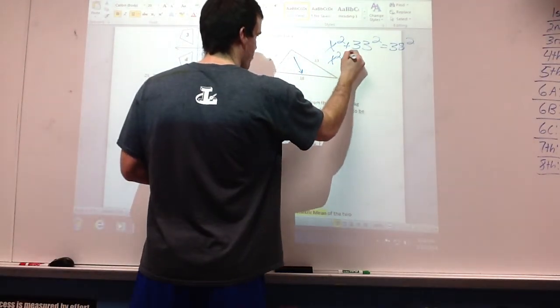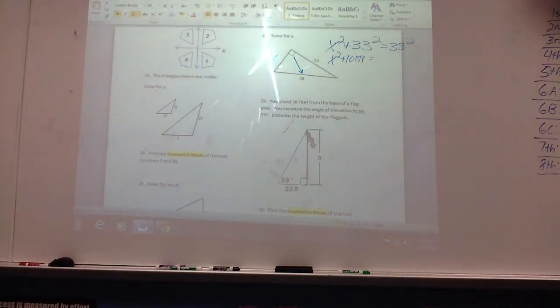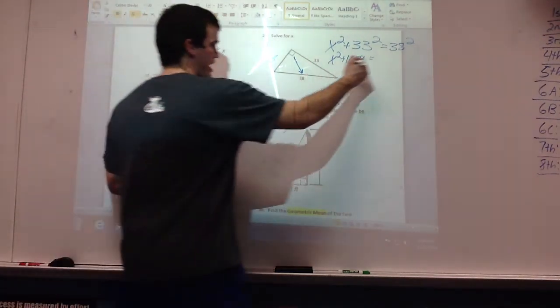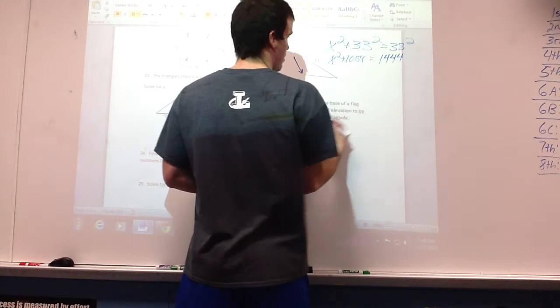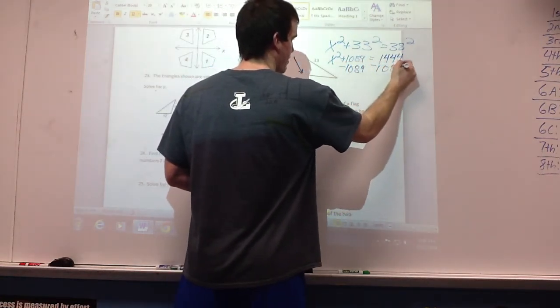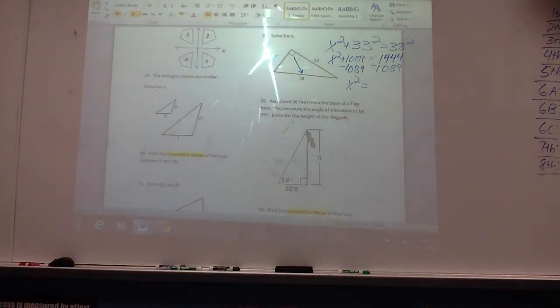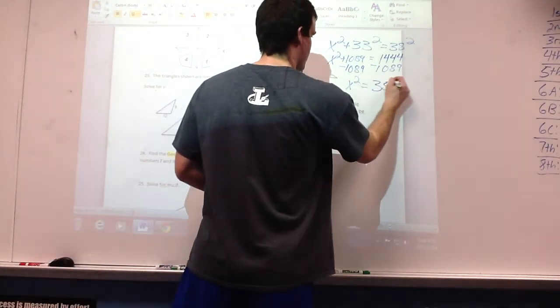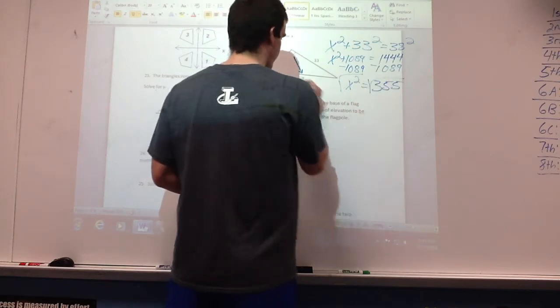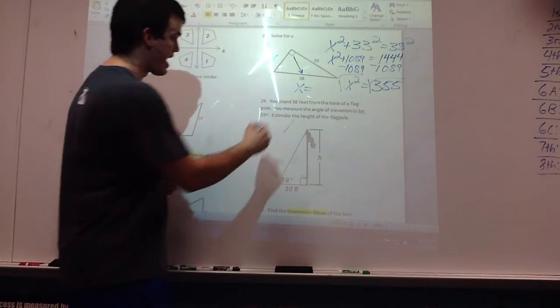So x squared plus 1089 equals 38 squared, which is 1444. Subtract 1089. So x squared is going to equal 355. To solve, take the square root of both sides, so x equals 18.8.